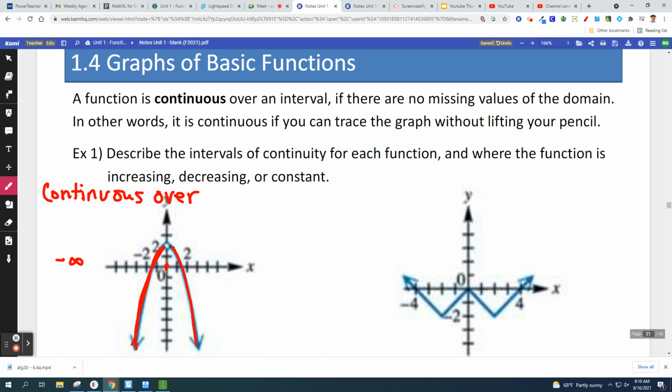And when I got to the middle right here at x is 0, that's when I had to jump over that hole. So it's continuous over the interval from negative infinity to 0, parentheses, because we're not equal to that 0. Now we're going to union that with the other half, and that's where I put it down, just after the 0 and going over to positive infinity. So I would union that with 0 to positive infinity.